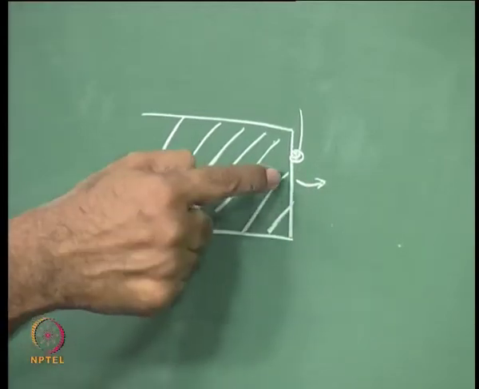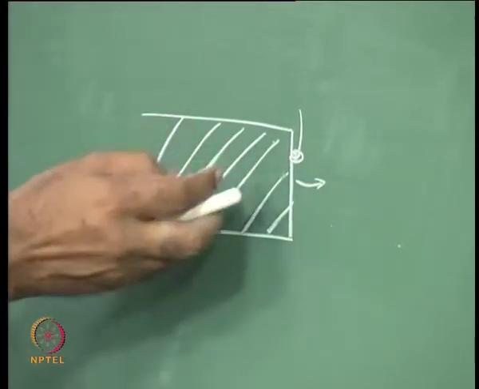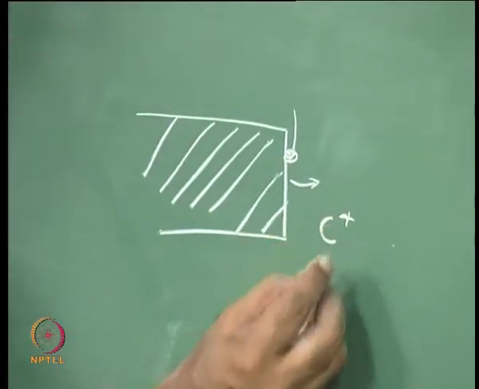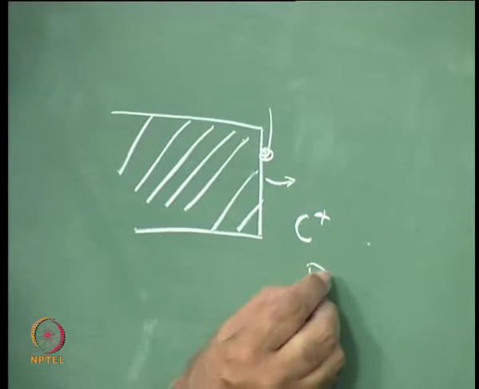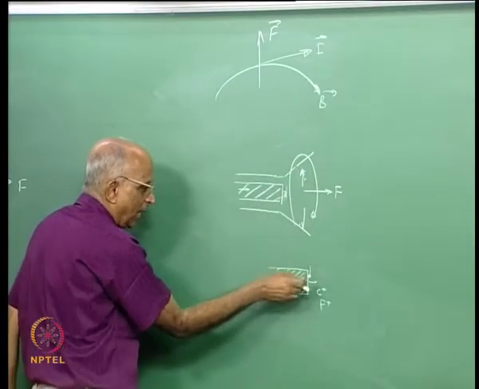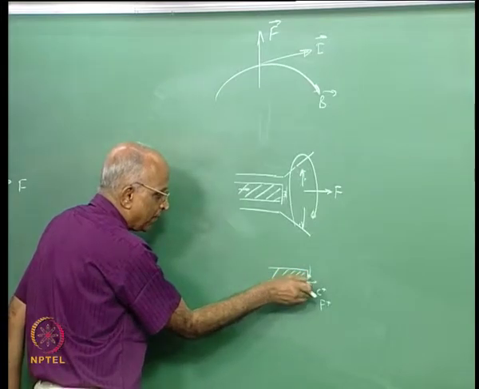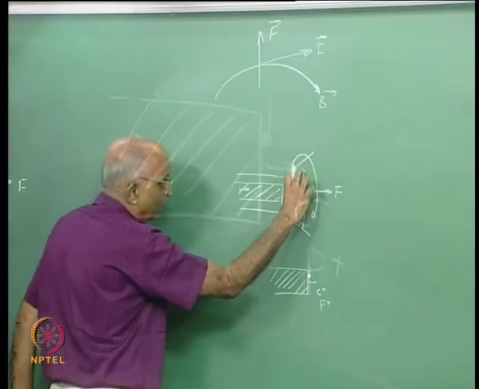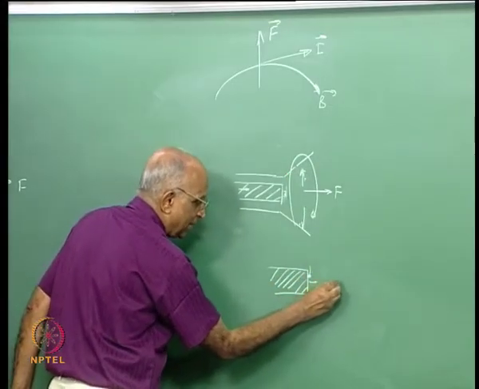Teflon is essentially carbon and fluorine, so I generate carbon charges and fluorine charges. Whenever I put a spark, I generate a little bit of this, and this gets into the magnetic field here and it generates a thrust.